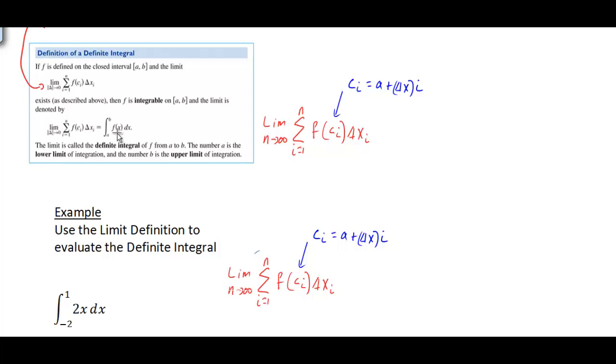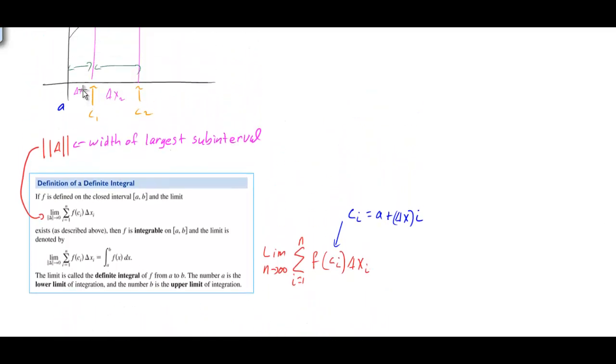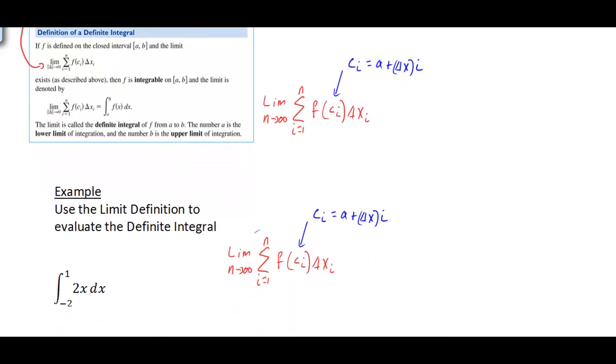And now we have our function f of x dx. So dx we can think of as our delta x. The little dx is representing the width of our rectangles. So up here you can think of this as delta x. For the integral we can think of this as dx.